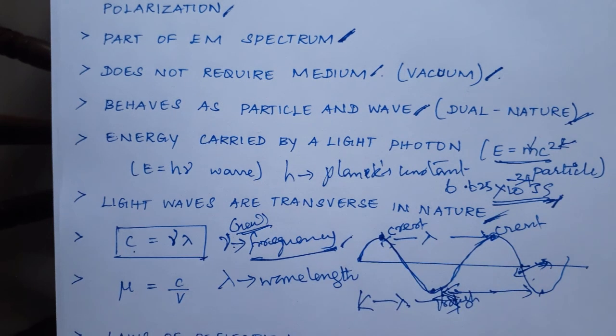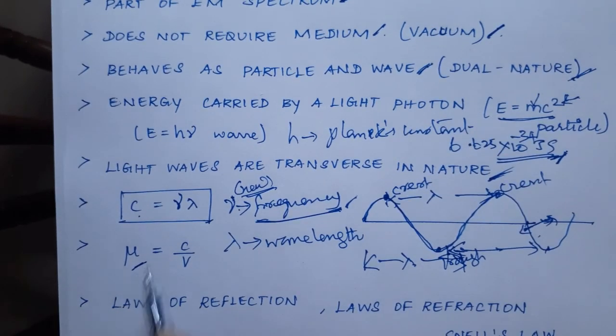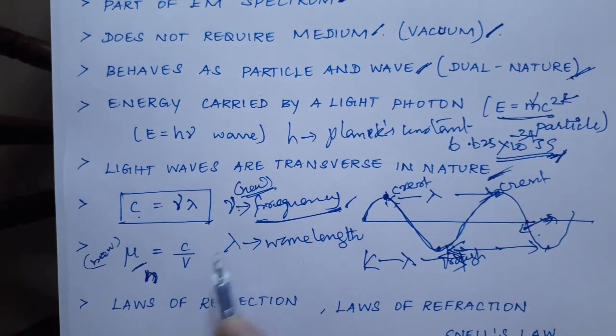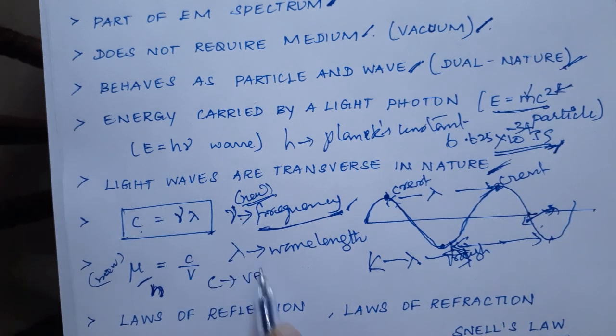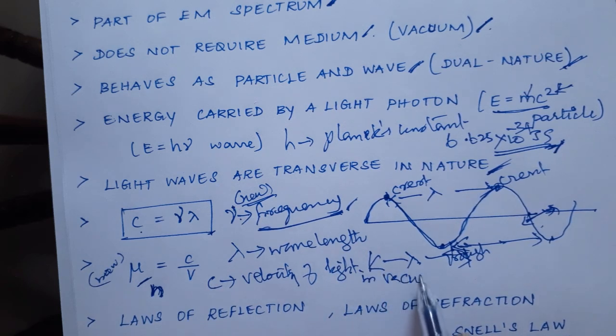And again we come to another terminology, which is refractive index. Symbolically it is mu, pronounced as mu, or in some books you may find it as N. The symbol for refractive index is N. You can write mu equal to C by V or N equal to C by V. Here C refers to velocity of light in vacuum or air, and V is velocity of light in the medium.